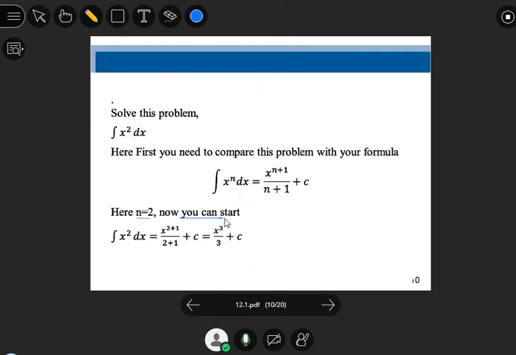Now you can start. The only thing you need to do is substitute 2 for this n. Substitute 2, then you obtain x to the power 2 plus 1 divided by 2 plus 1, because it is x to the power n plus 1 divided by n plus 1, plus c. By simplifying this, we obtain x to the power 3 divided by 3 plus c.